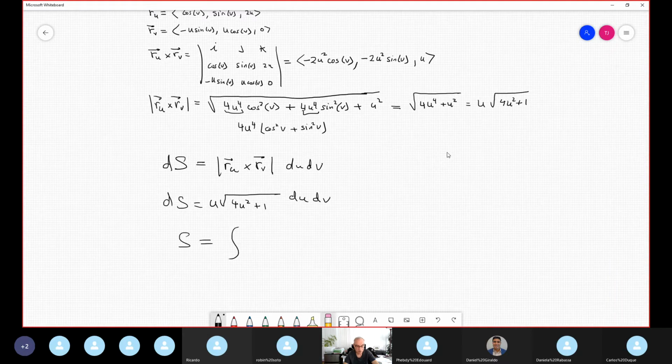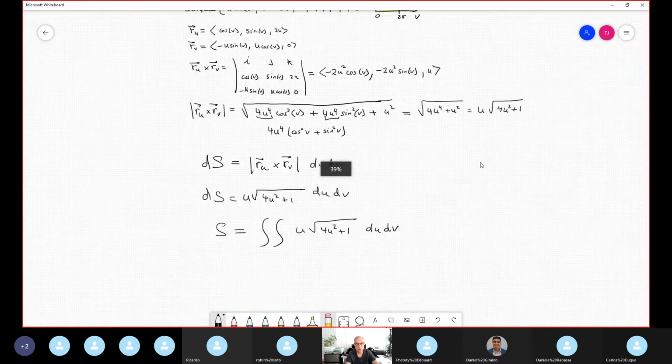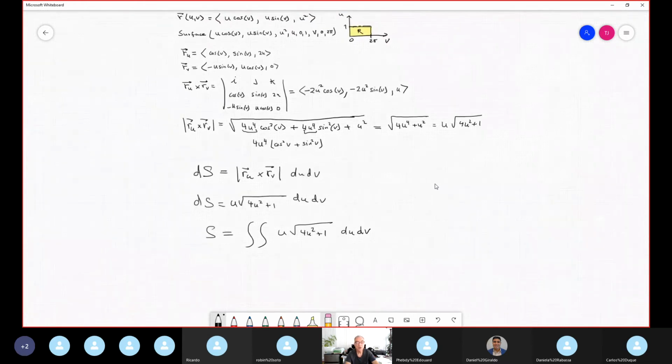So now my surface area is the double integral of this integrand function du dv. And you see that we don't need a Jacobian. Because a Jacobian you apply when you are doing xy coordinates and you change to polar. But in this case no, because automatically when you do this, it is similar to a Jacobian.